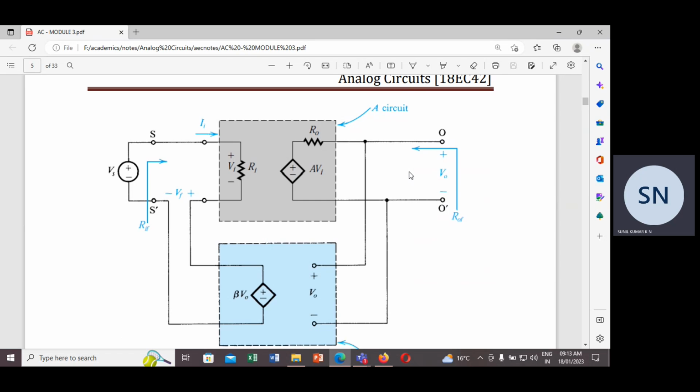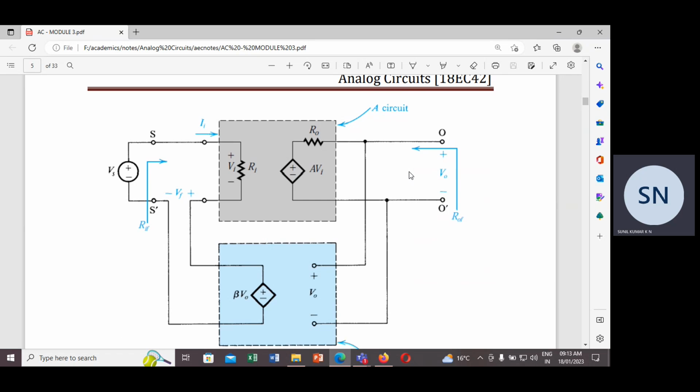So on employing negative feedback for different amplifiers, whether it is a voltage amplifier, current amplifier, transconductance amplifier or transresistance amplifier, whenever we employ a feedback circuit, we have seen how it controls the input and output resistance.